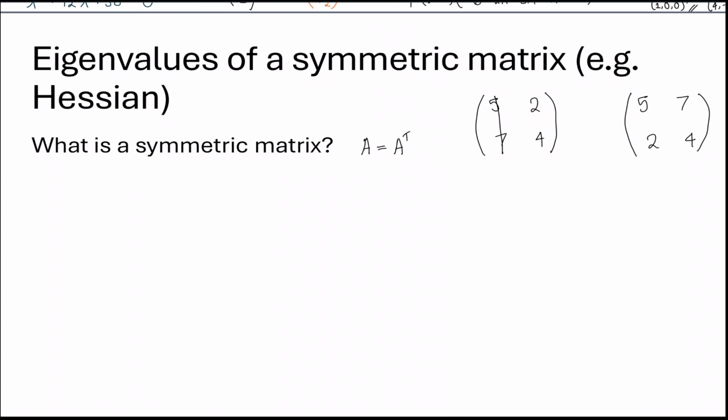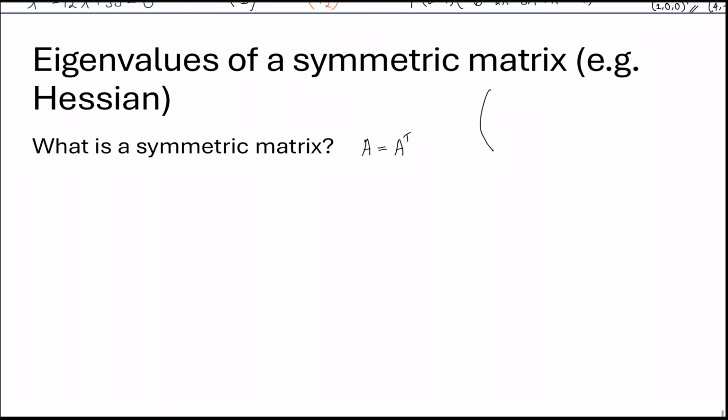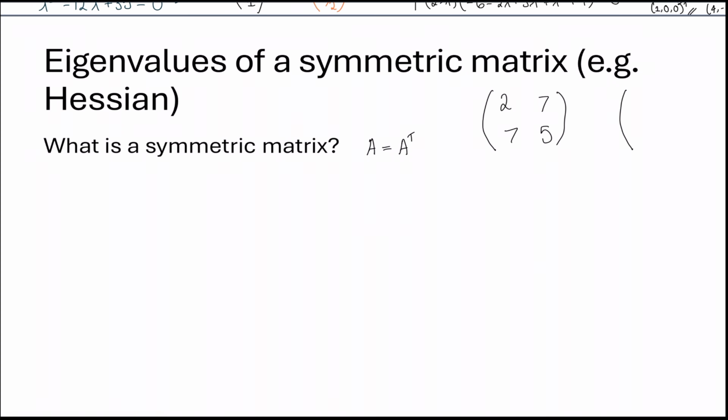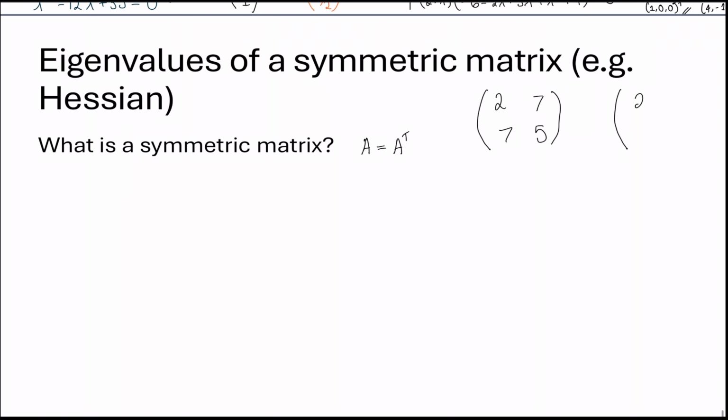So these columns now become rows. This is obviously not the same matrix, so this matrix is not symmetric. If we instead have the matrix 2, 7, 7, 5, when these columns become rows, we get 2, 7, 7, 5, and that is the same matrix. So this matrix is symmetric.